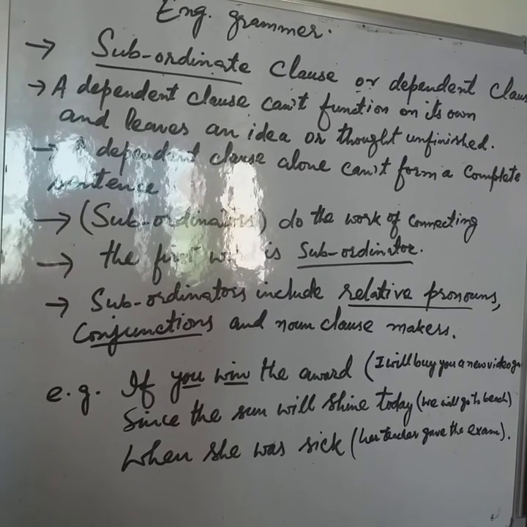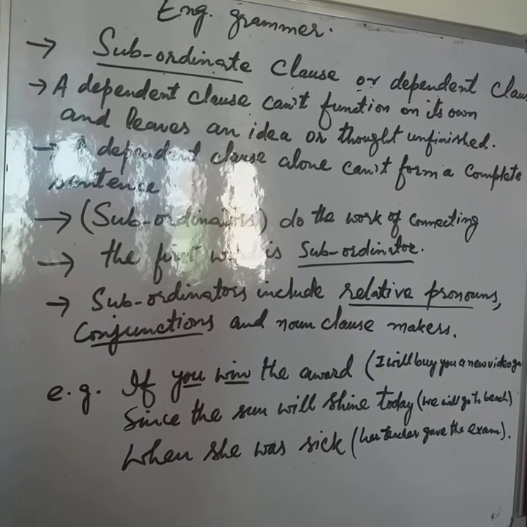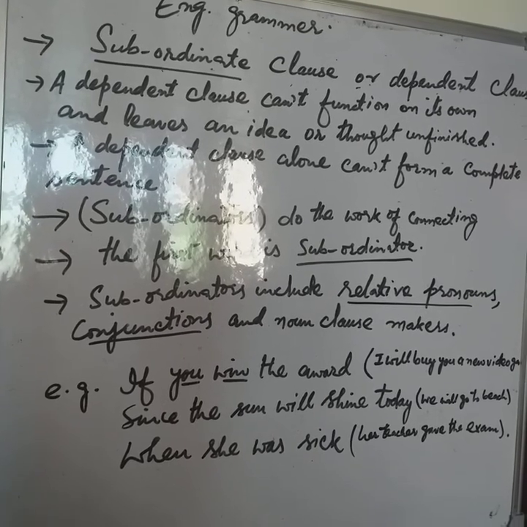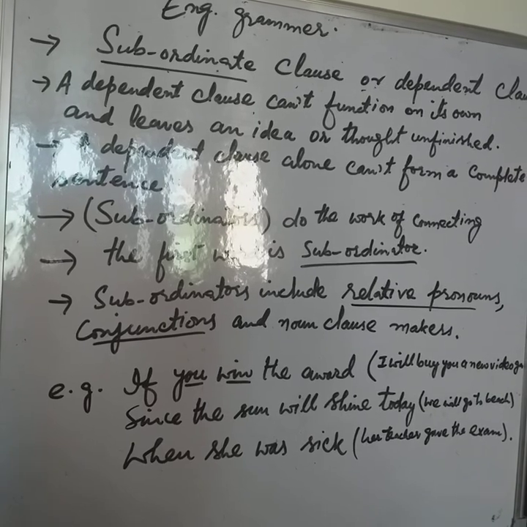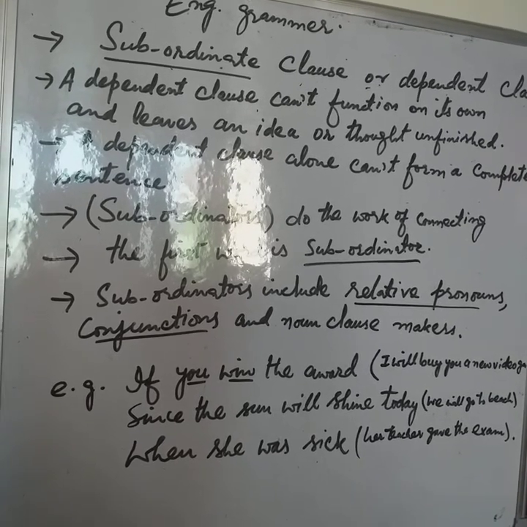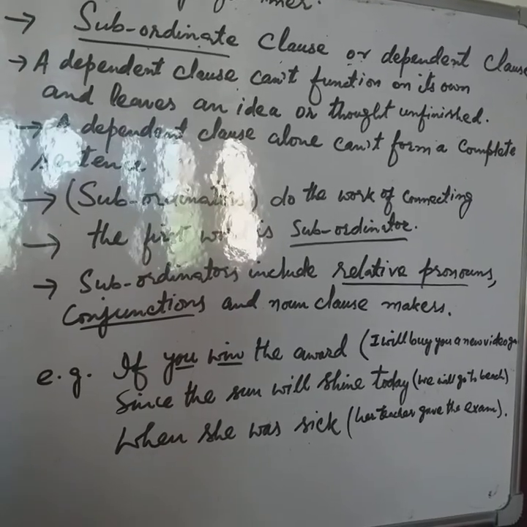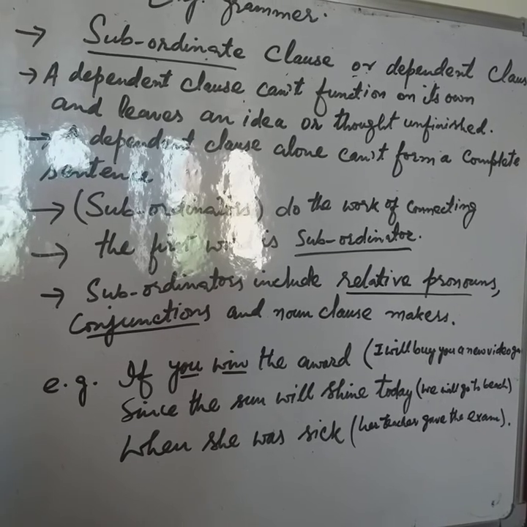Dear students, in each dependent clause, the first word is a subordinator. Remember this point: in each dependent clause, the first word is a subordinator, and these subordinators include relative pronouns, conjunctions, and noun clause makers.